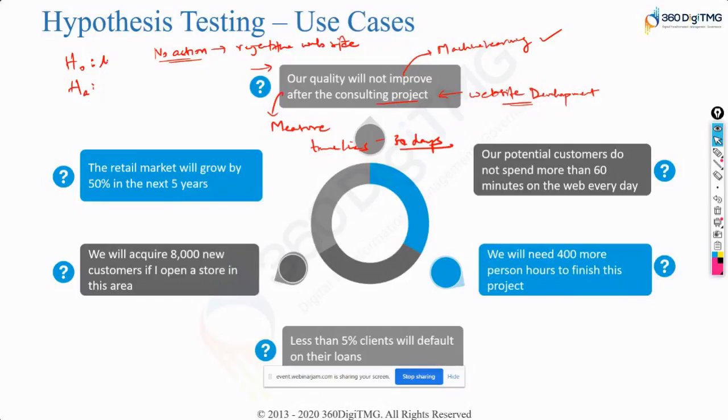So if on average, and I'm generalizing here, guys, this is a generalizing statement, hence I'm using the population parameter, if I'm taking greater than or equal to 30 days, then it doesn't make sense for me to accept the project.